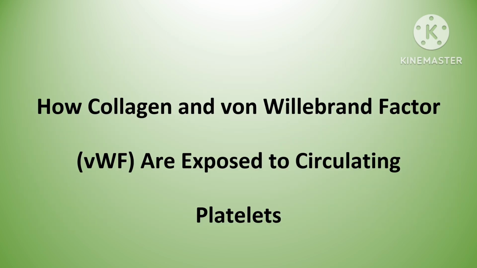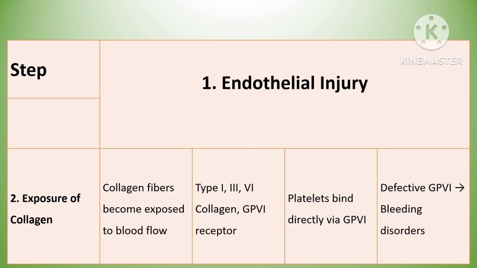Let's discuss in brief how collagen and von Willebrand factors are exposed to circulating platelets. Intact endothelium normally hides collagen and von Willebrand factors from platelets. But when it is damaged, the underlying extracellular matrix or subendothelial matrix is exposed.